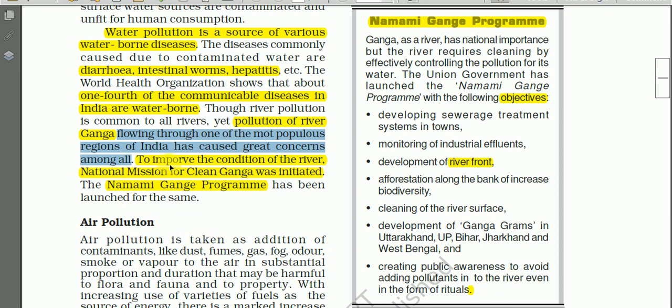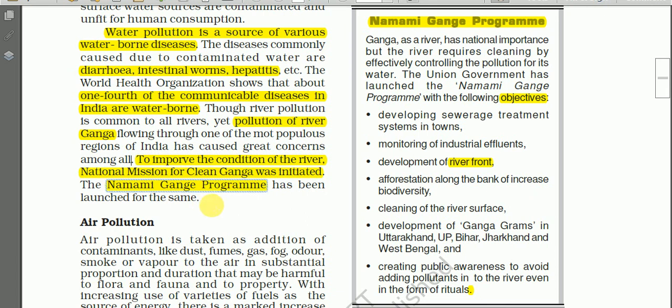To improve the condition of the river, to control water pollution, the National Mission for Clean Ganga was initiated, and the Namami Gange program has been launched for the same.